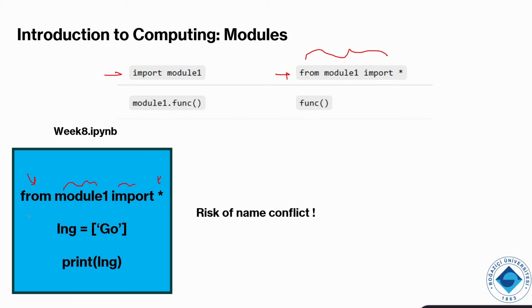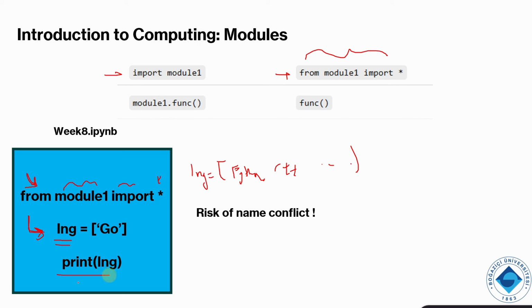But if you pay attention, I define one more list with the same name. If you remember, inside of the module, we had a language list like Python, C++, and so on. But this time, I also define one more new list inside of my Python file, but at the same time, I'm importing my module here.